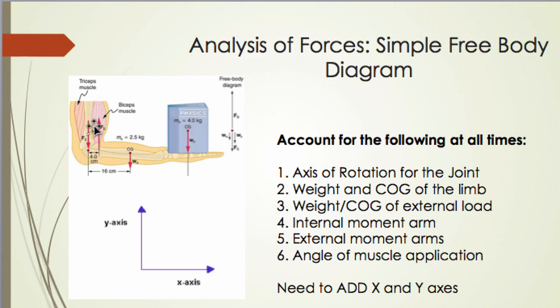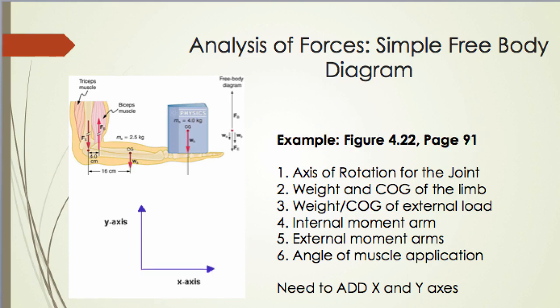So as we hold the book here with our biceps, it's a positive force. The biceps is acting in a positive direction. The book is acting in a negative direction on the y-axis because gravity, right? That's why this arrow here is pointed down. So that's a negative force. This is a positive force. This is a positive force. This way would be a negative force. So that'll be super important as we go through our examples.